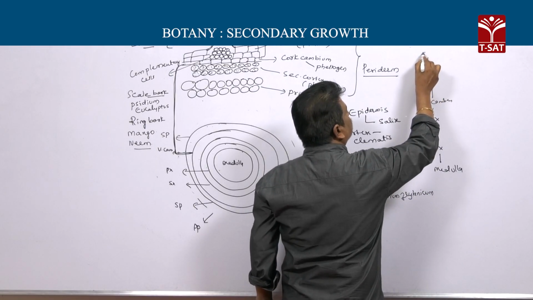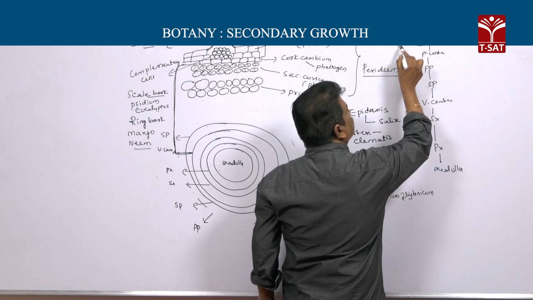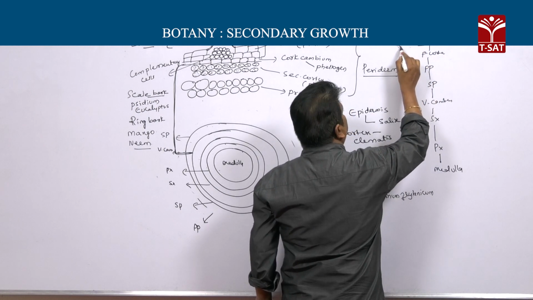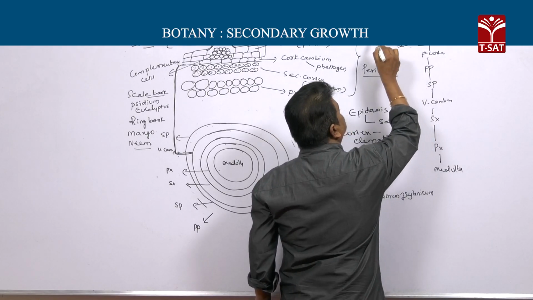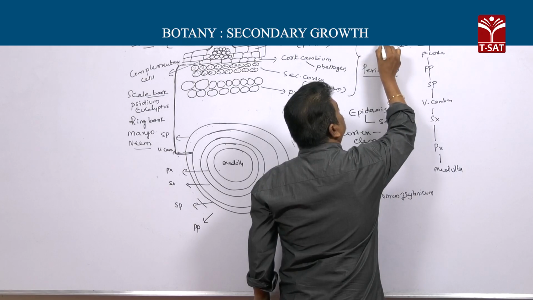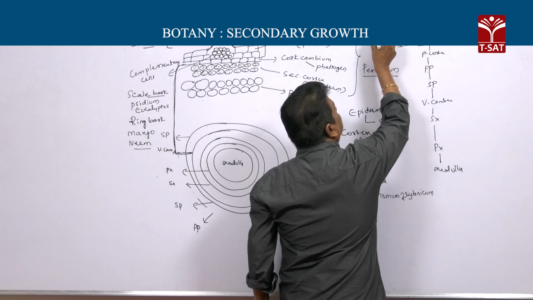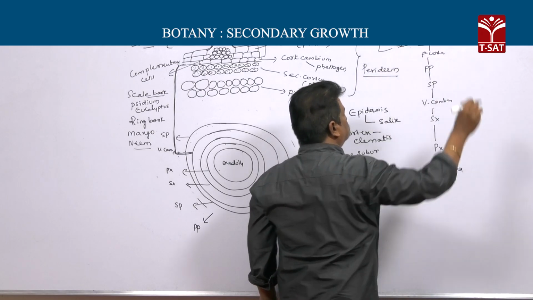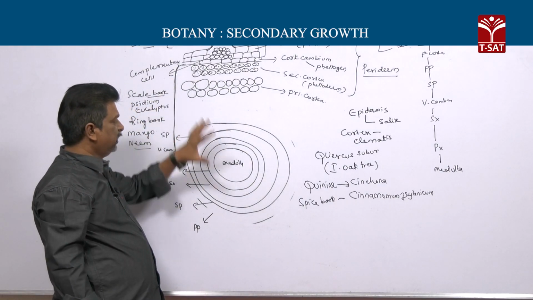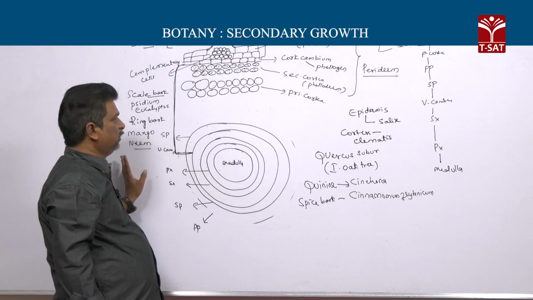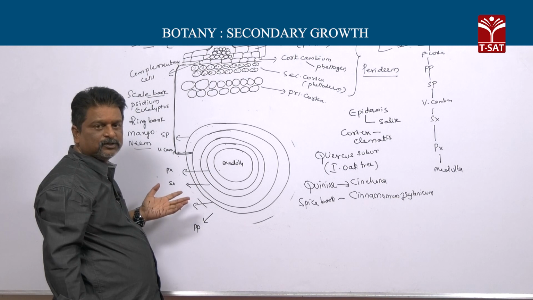Then outside it, primary cortex, secondary cortex, then cork cambium, then cork.